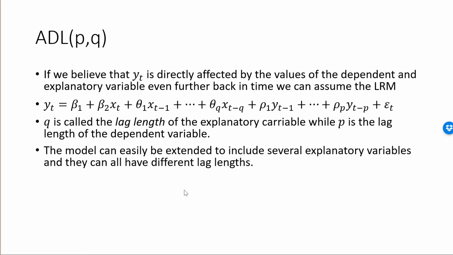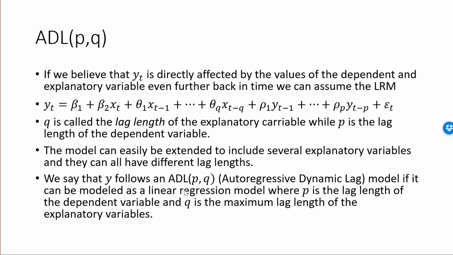If you have several explanatory variables, you still only have one q value. And the q value is typically the maximum lag length of the explanatory variables. That is, if you have two explanatory variables and the lag length of the first one is 2, say, and the lag length of the second one is 3, then q will be 3.